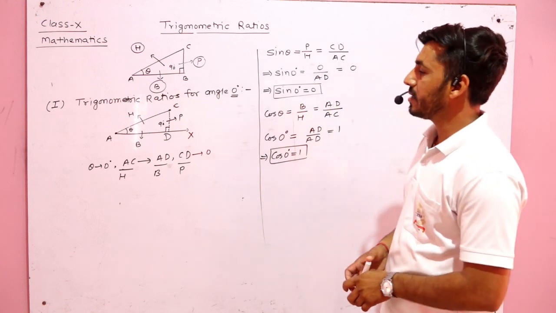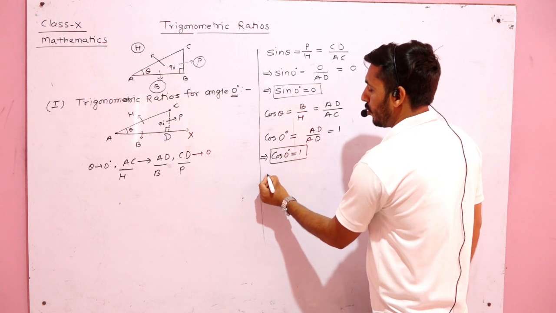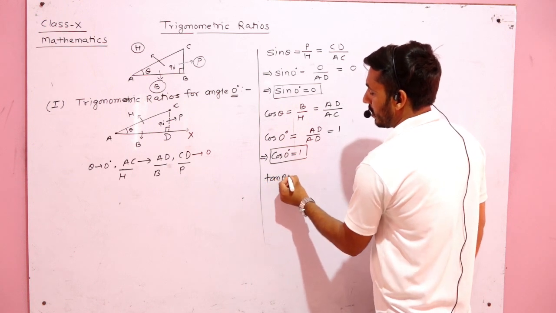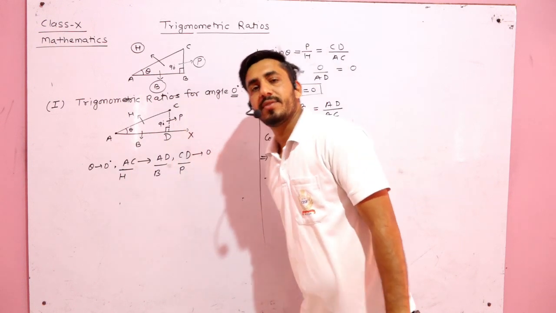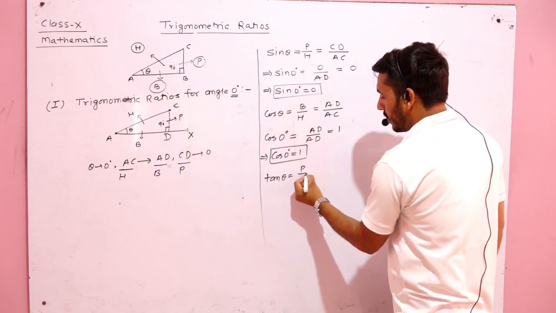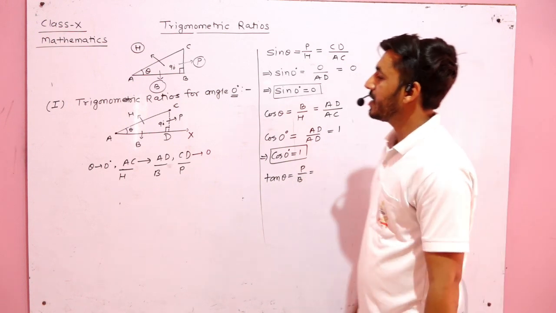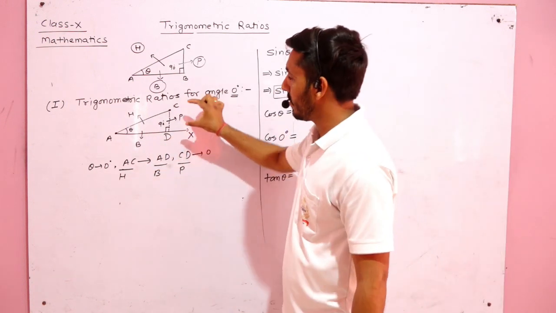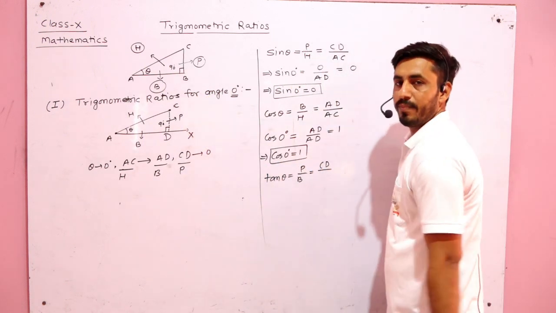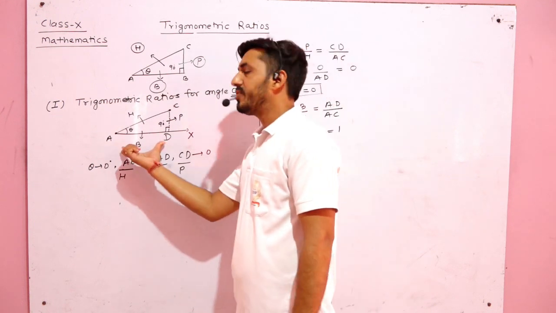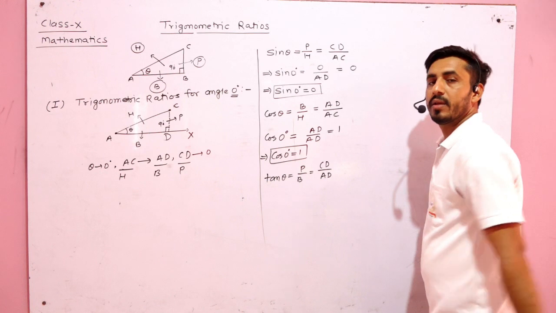In the third condition, we will get tan theta. Tan theta is given by perpendicular upon base. What is the perpendicular? We can see in this diagram, the perpendicular is given by CD, and the base is AD. So tan theta is CD upon AD.